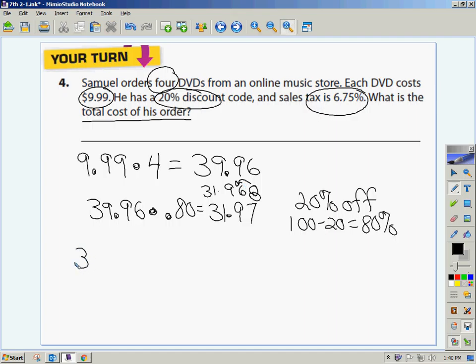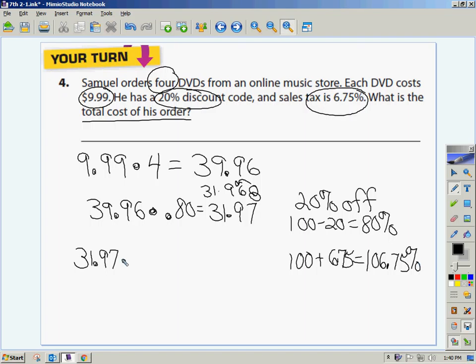Now, did it cost me $31.97 to walk out the door? No, tax. I still have to pay the tax. Tax is an increase or a decrease? Increase. Since it's an increase, I could take the 100 plus 6.75, which is 106.75%.